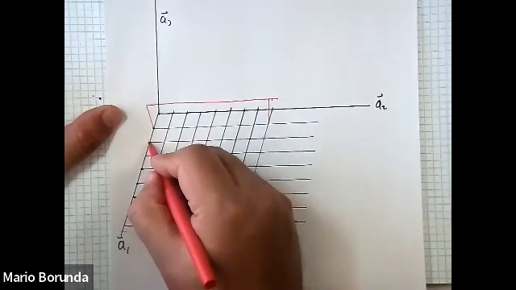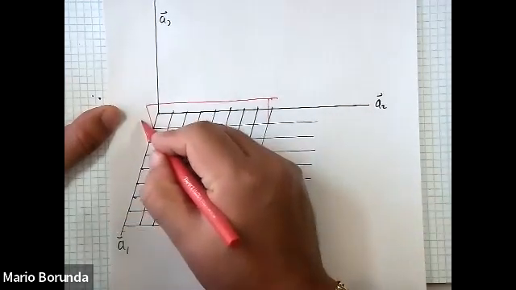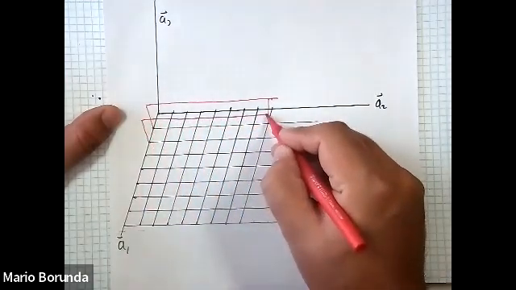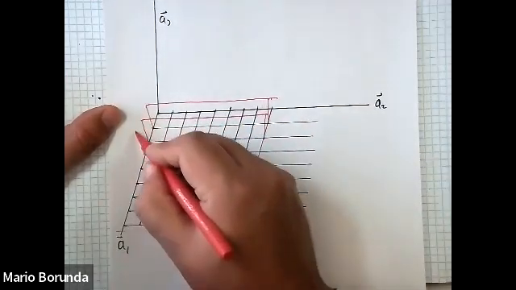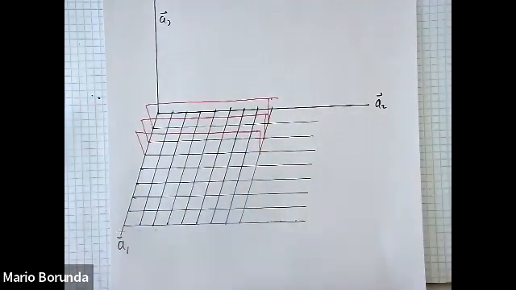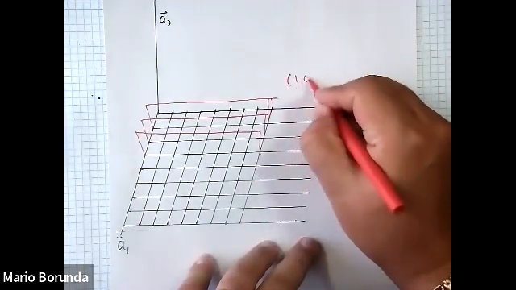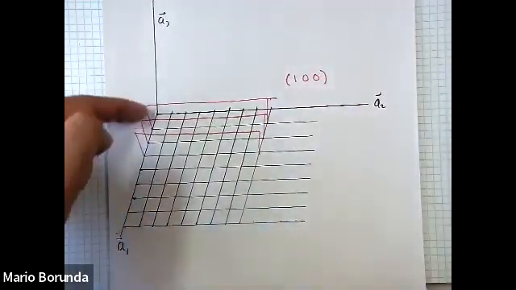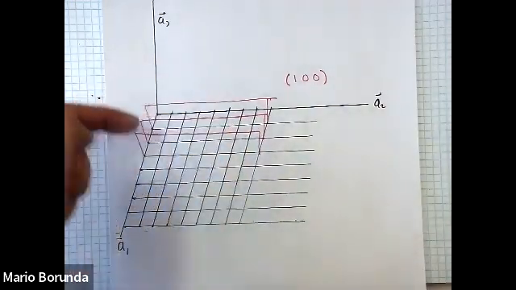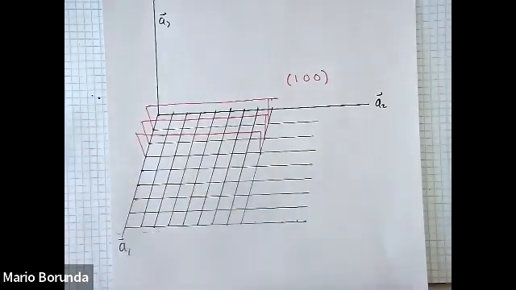Then this one is going to cross right here, and it goes like that. 1, 0, 0, right? So this is the 1, 0, 0, because in this set of planes, the first one that crosses is the 1, 0, 0. And remember, they're all the same plane, right? It's just displaced by a distance between them.